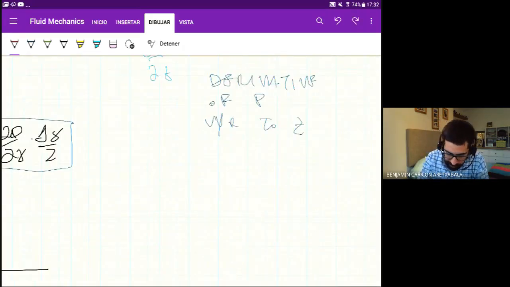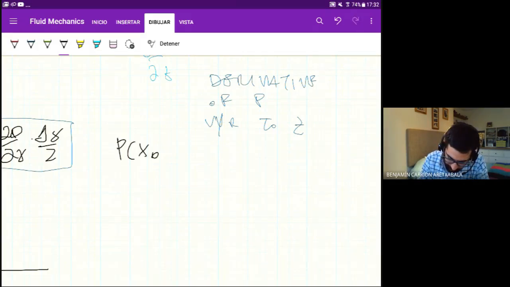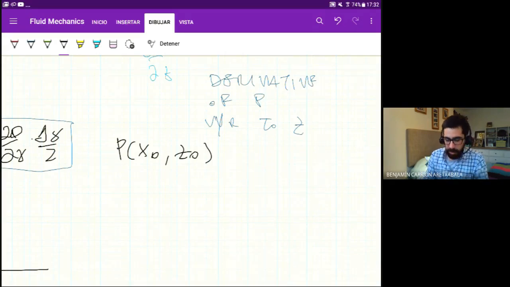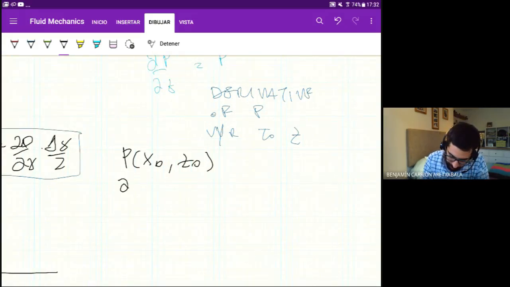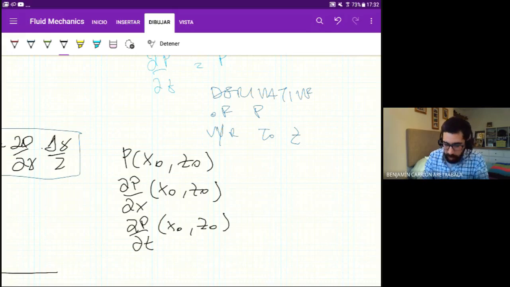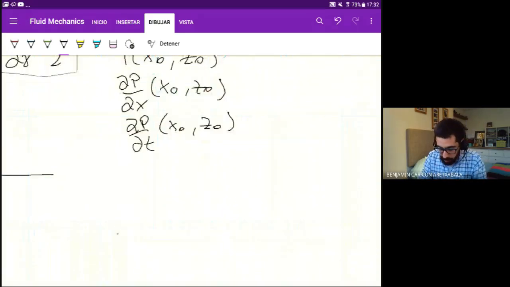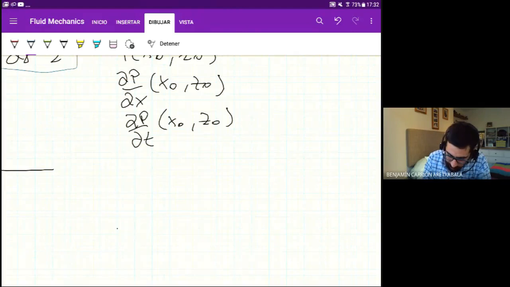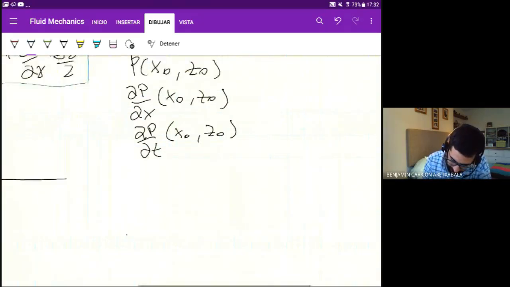So what we know is P at x0, z0. That's what we know. And we also know all the derivatives. We know the derivative of P with respect to x at x0, z0, and the derivative of P with respect to z at x0, z0. All right, we know this. What we want to know, so I'm going to put this in another, we want to know the pressure.